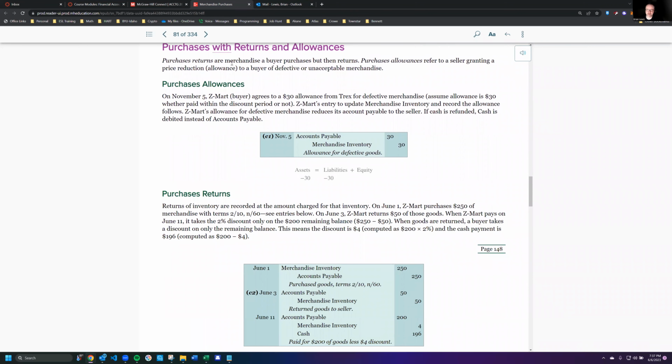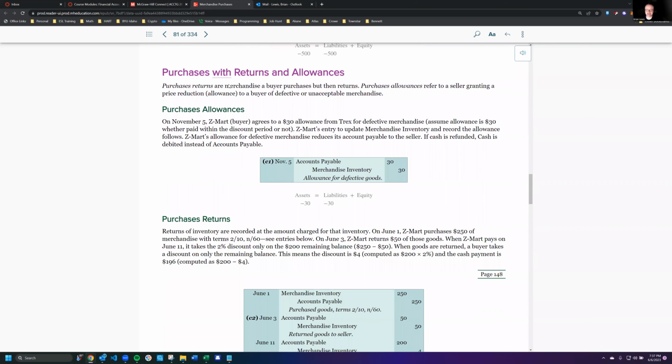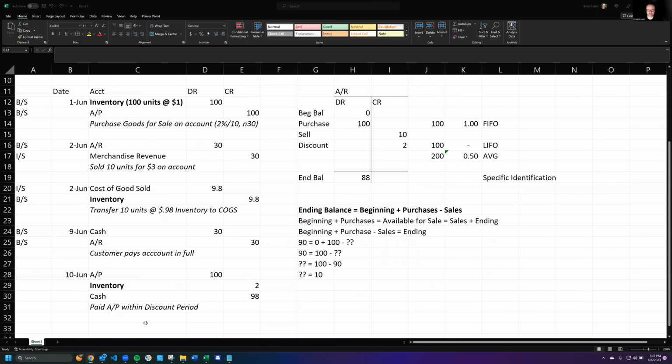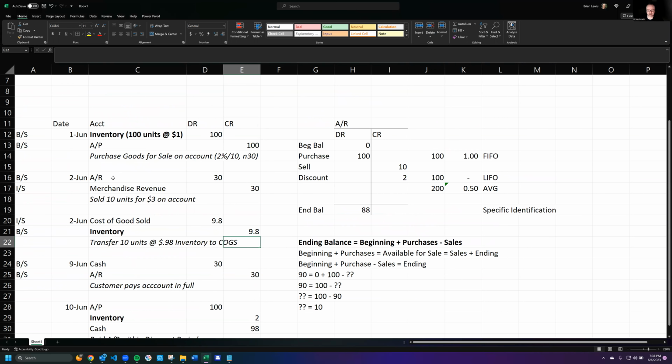Now, returns and allowances are very similar to discounts, except, instead of paying for something, you're returning something. And so you have to move some of that back. That's pretty straightforward because it's just essentially the opposite of the payment, right?